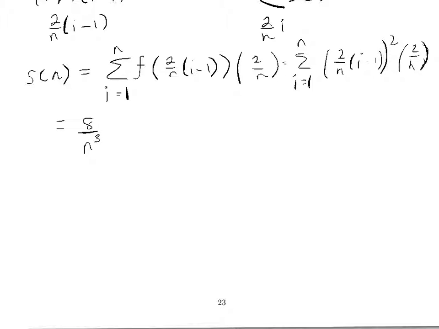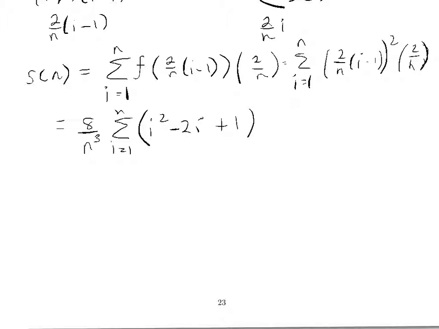And then that can factor outside of the sum. All of the other terms do involve i, so they have to stay inside the sum. All right, and we're going to be left with an i squared minus 2i plus 1. Okay, and that's inside the sum.